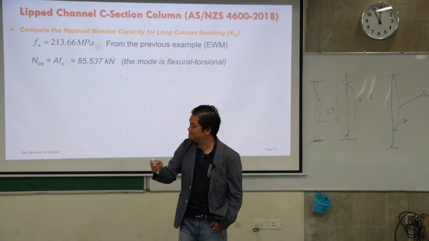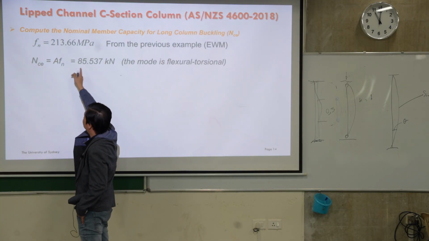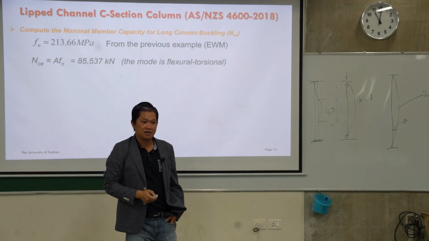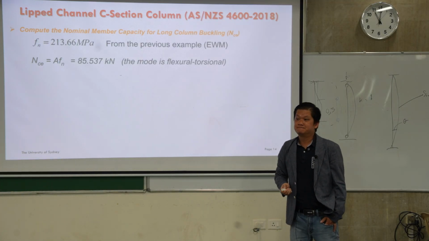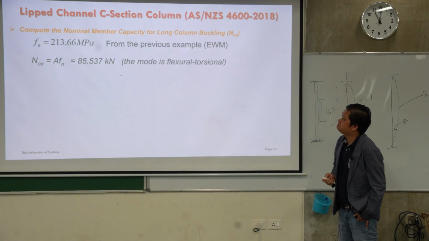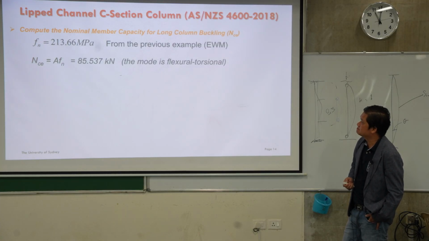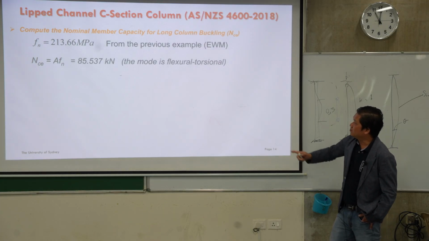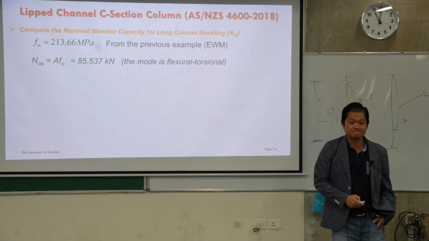Come back to that, and then we got NCE here equal to 85 kilonewtons. That is the member capacity of the columns, and the mode here is flexural and torsional, combined.